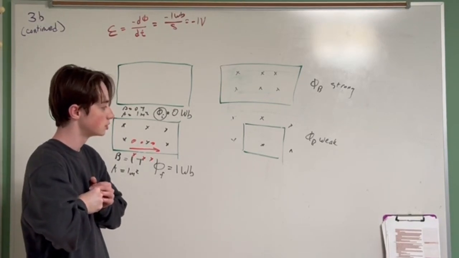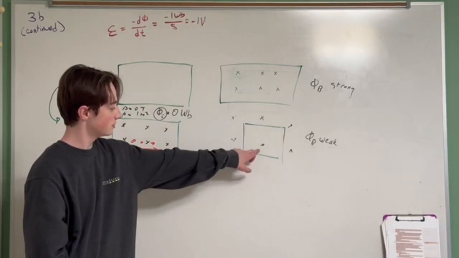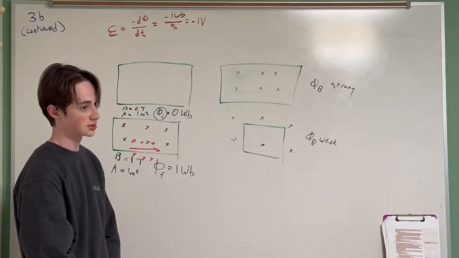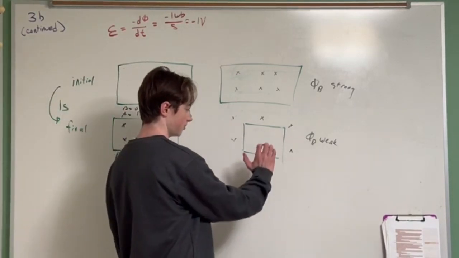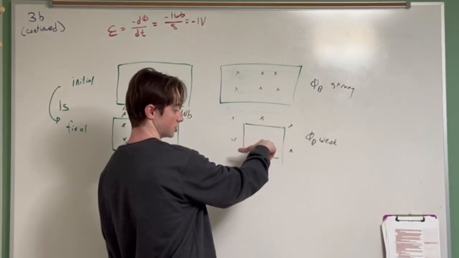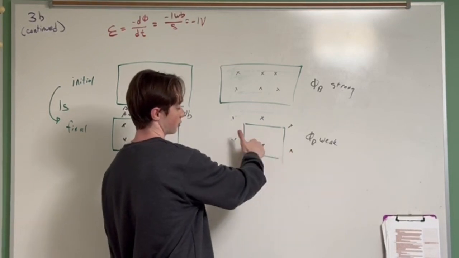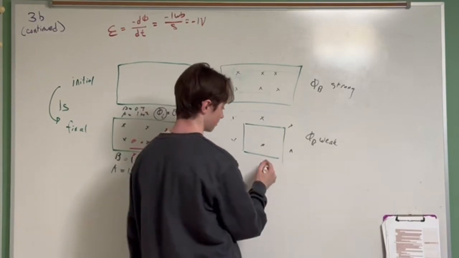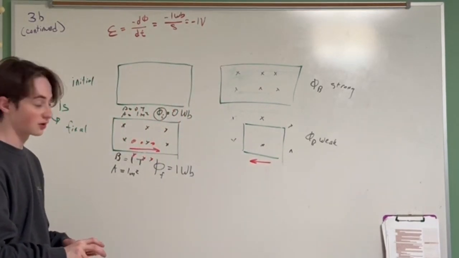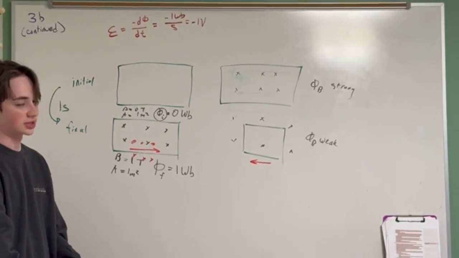Would we want to increase the amount of magnetic field X here or decrease it? We want to increase the X. So we'd aim to have a magnetic field going into the whiteboard inside the loop, and that would create a current this way. So Lenz's law means it wants to keep the same magnetic flux. It acts to resist the change, or it wants to keep the same amount.